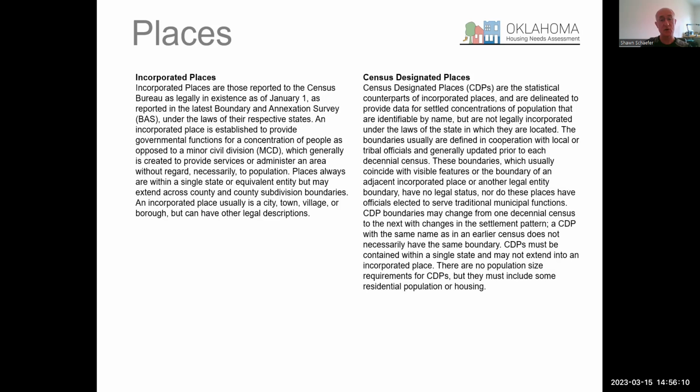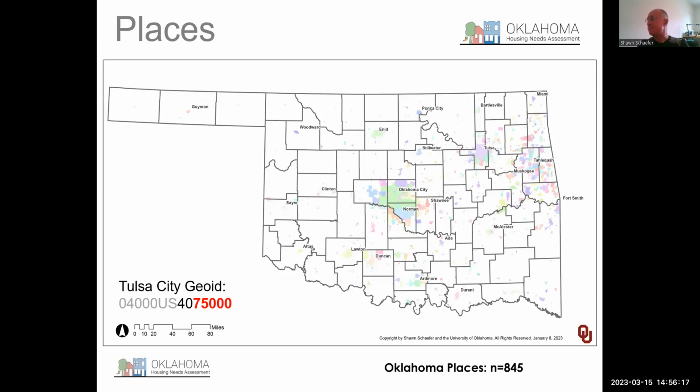So here in Oklahoma, we have quite a few census designated places. I'll show you the map here. These are all the different incorporated places and census designated places. They're not differentiated on the map. Basically, you can see how many are clustered around Tulsa and Oklahoma City. But then you can also see there's a big cluster here in the northeast portion of the state.